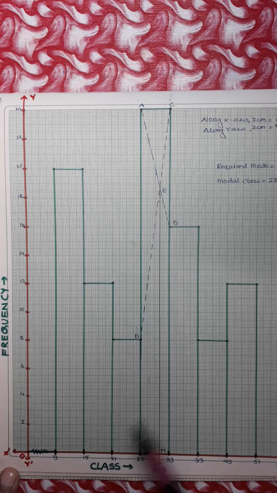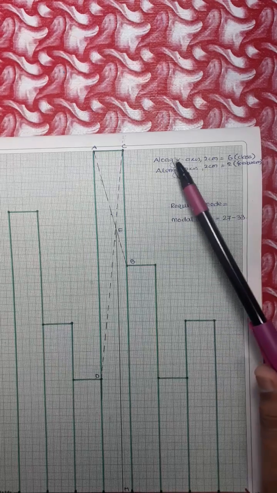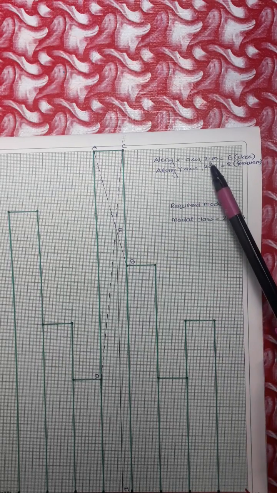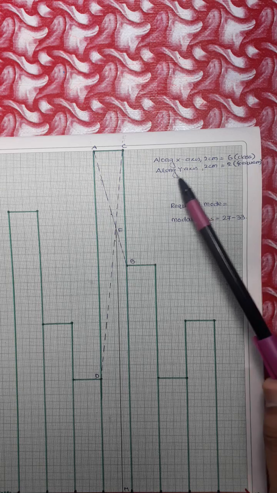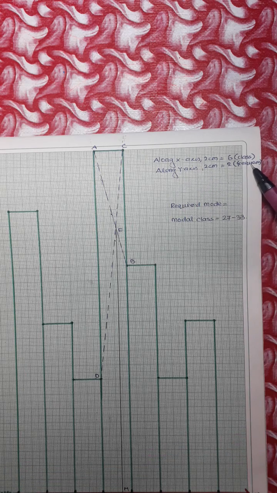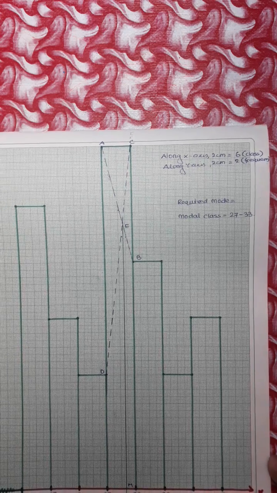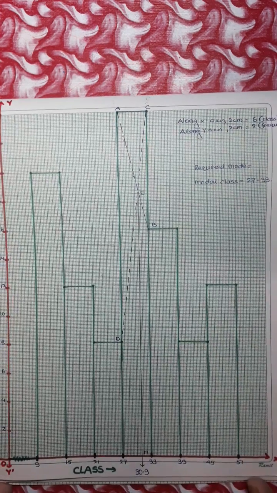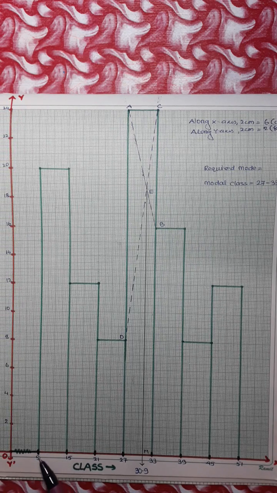That means 6 along the x-axis, that is class, you can see here in the scale part. Along the x-axis 2 centimeters will give you 6, that is along class. Along the y-axis I have drawn 2 centimeters equal to 2 frequency.